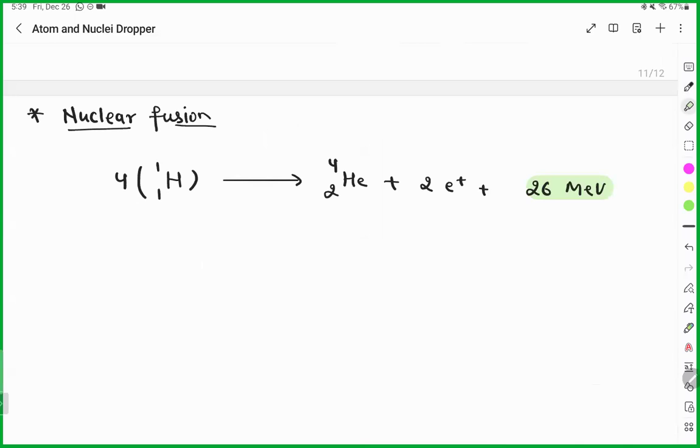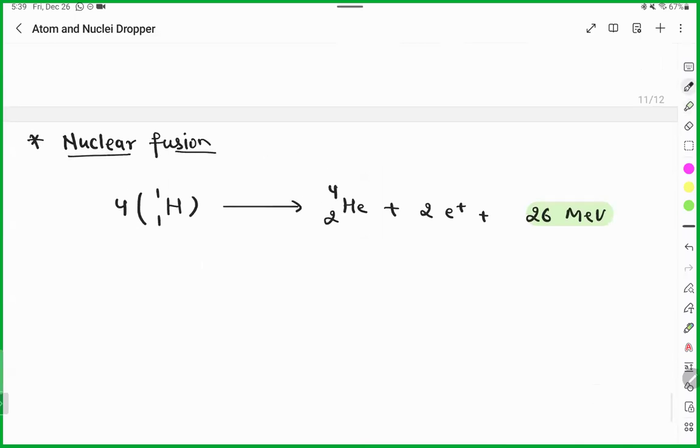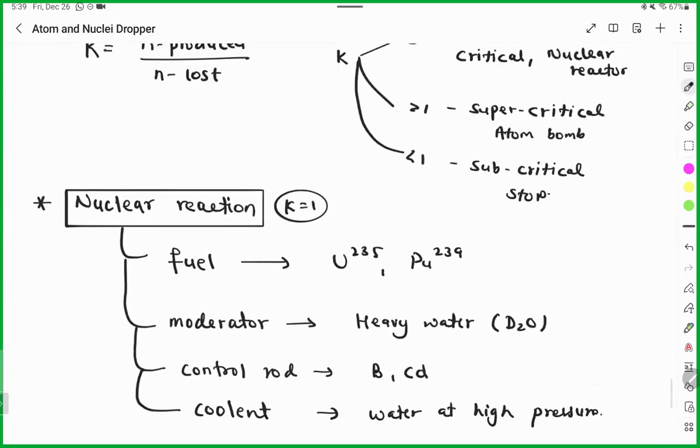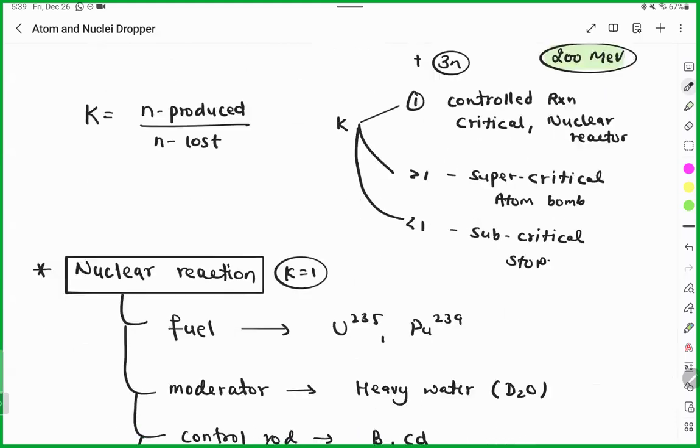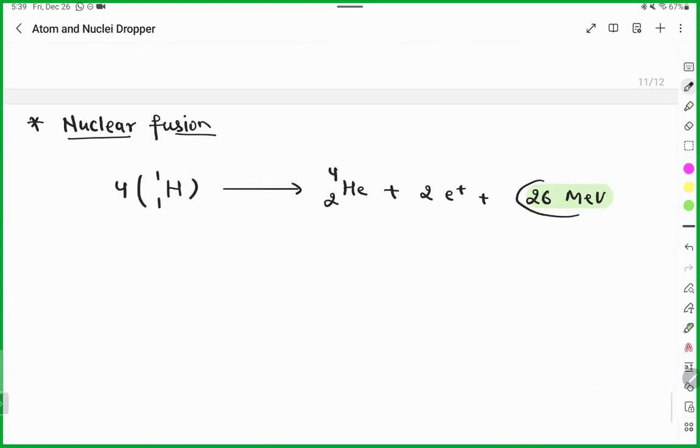But per nucleon, because if you compare, here it was 200 mega electron volt. Here it is 26. So of course, in nuclear fission, more energy. But if you take binding energy per nucleon, then fusion produces more energy compared to fission.